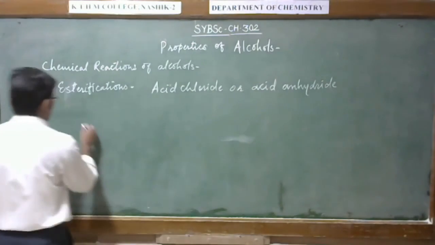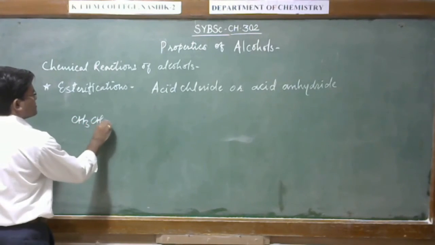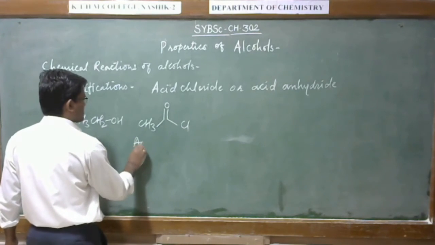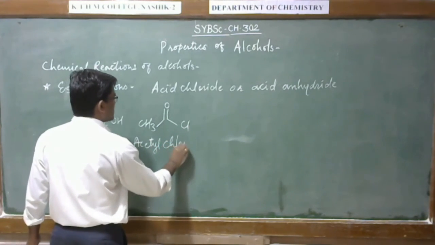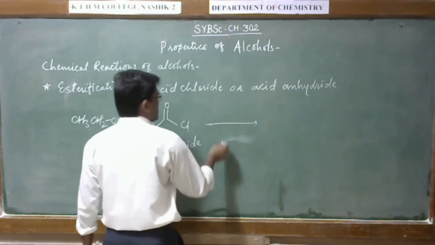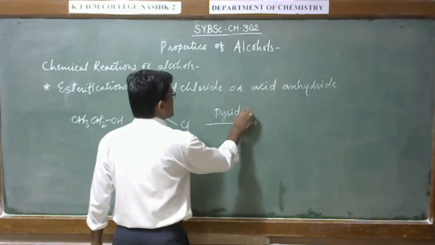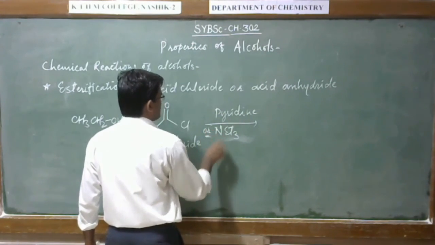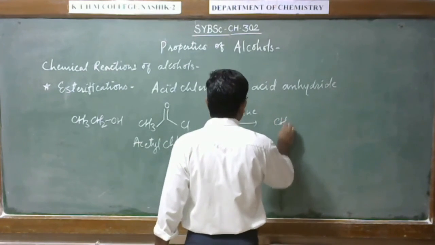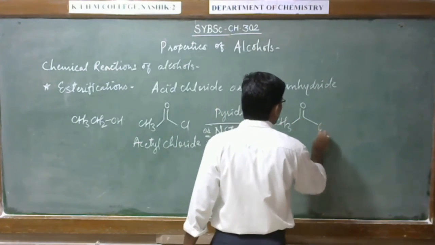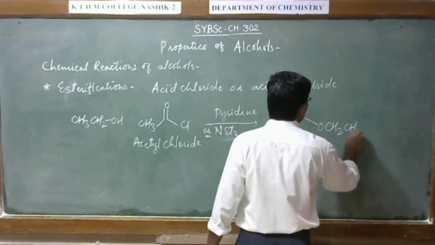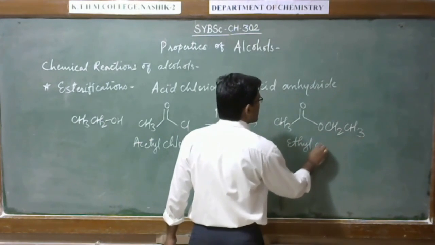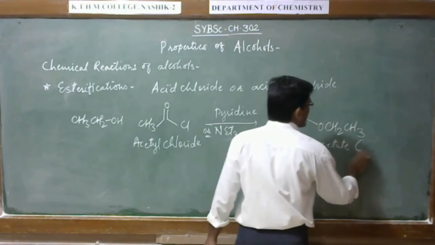So when, for example, ethanol reacts with acetyl chloride in the presence of base like pyridine or triethylamine, it gives the corresponding ester, that is ethyl acetate.